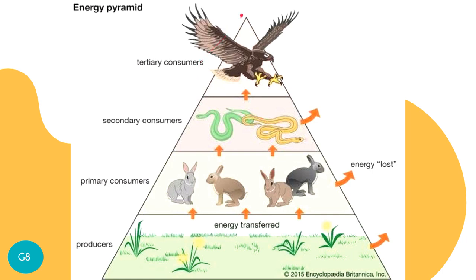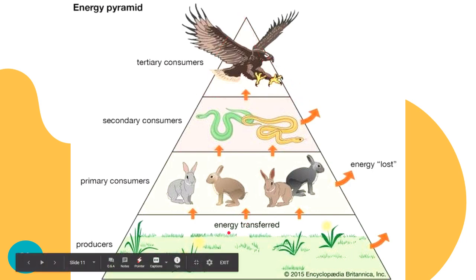Then the apex predator, the tip of the last level, the last trophic level, are your tertiary consumers. For example, the hawk here or the eagle here. So there's only one, okay, making it the smallest population. That's why they have the smallest part of the energy pyramid.